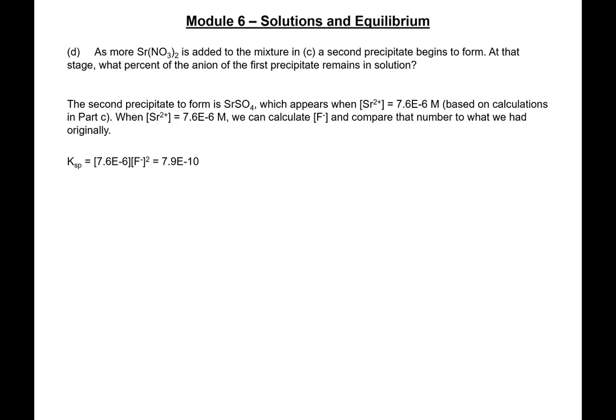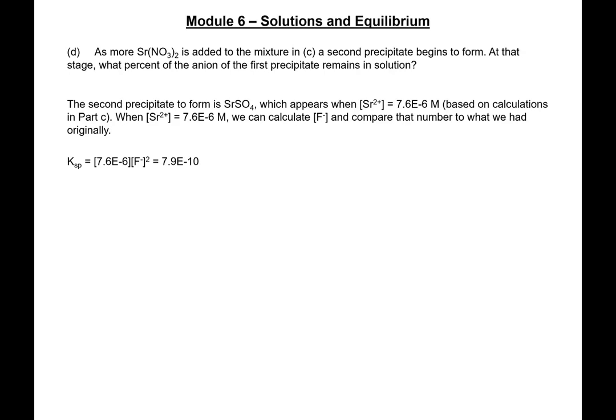So let's plug that in. We know Ksp is 7.9 times 10 to the minus 10, and that's going to be a function of the strontium concentration and the fluoride concentration.